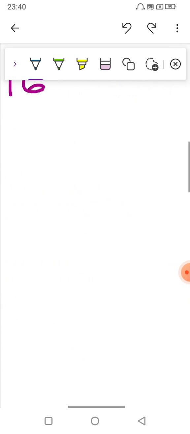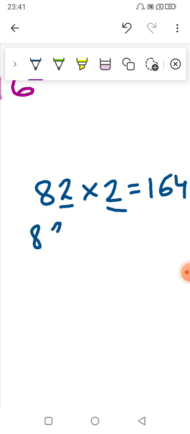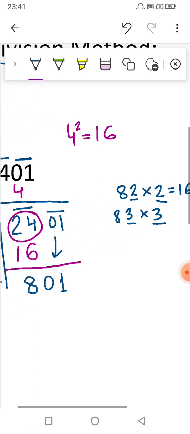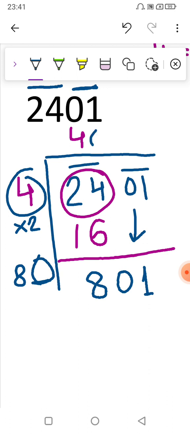So let's try. The first thing is 81 into 1, which will be 81. The next number is 82 into 2, 2 over here and 2 over here. If we do it, we will get 164, which is not close to 801 at all. The next number is 83 into 3. Whichever number we write over here, we have to write the same number over here.